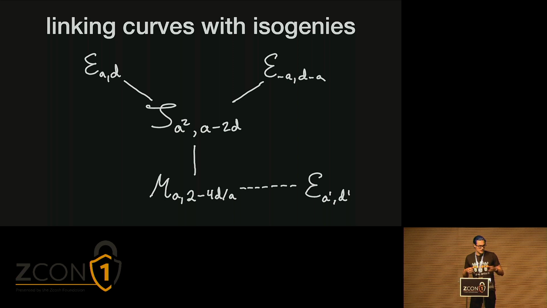Starting in the top left, there's some Edwards curve with parameters A and D, and we'll have those be the root of all these. All these curves have related parameters, so we'll fix those as the initial variables, and then write everything in terms of those. That Edwards curve is connected to this Jacobi quartic in the center, with parameters a squared, a minus 2d.